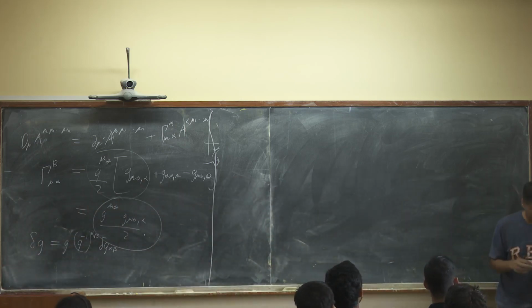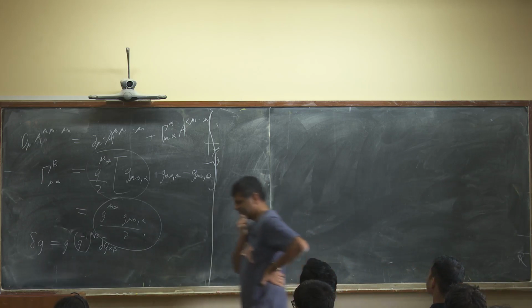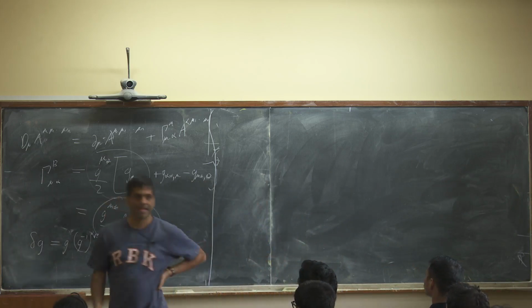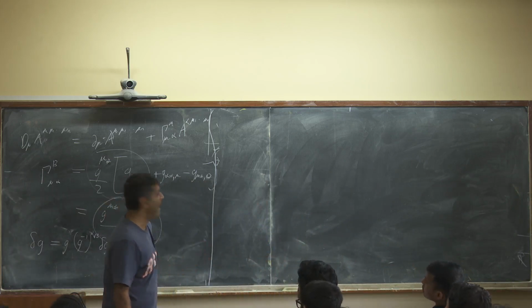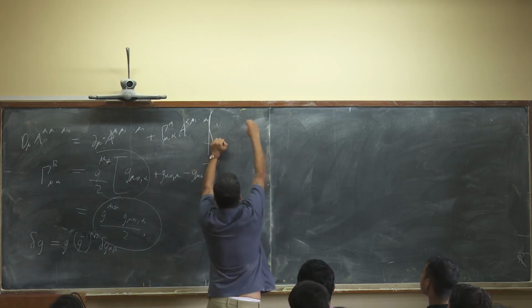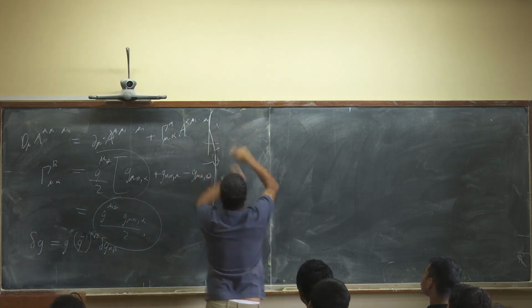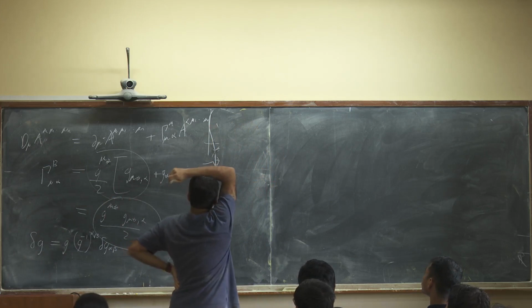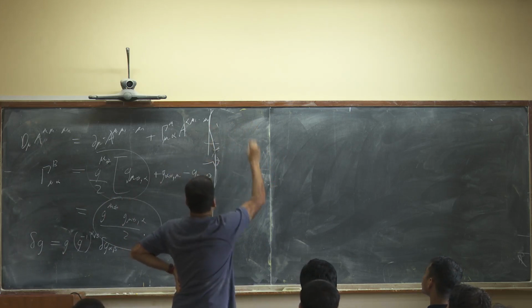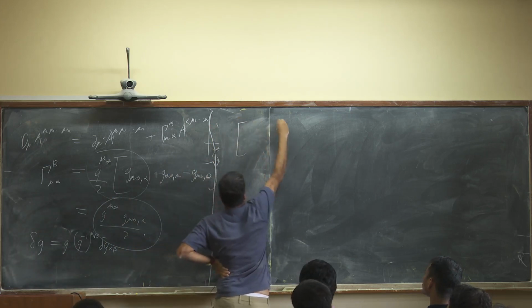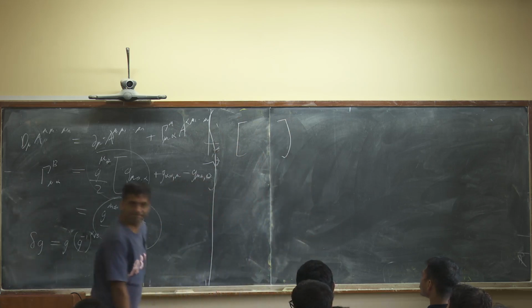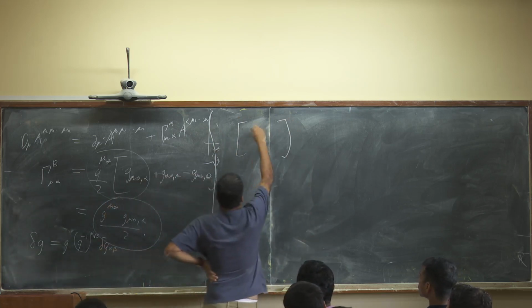Give me a minute to say it in the best possible way. Suppose I've got a matrix here, and I've got some particular element.